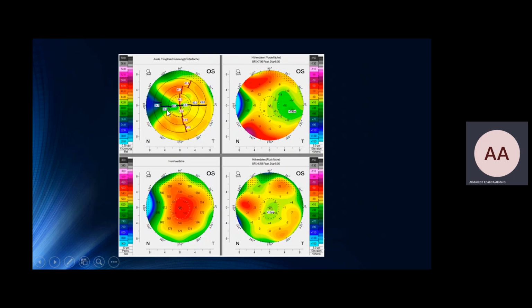The shape here is irregular. Yes, irregular. Anterior elevation, posterior elevation, values are within the normal. What do you think the patient has? You have an irregular cornea. It's your differential.